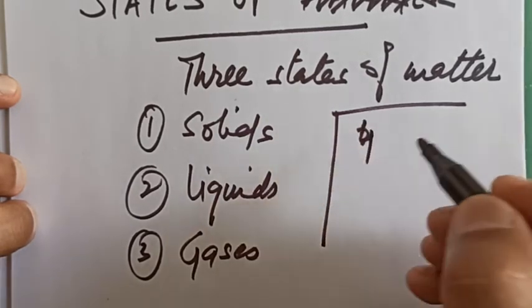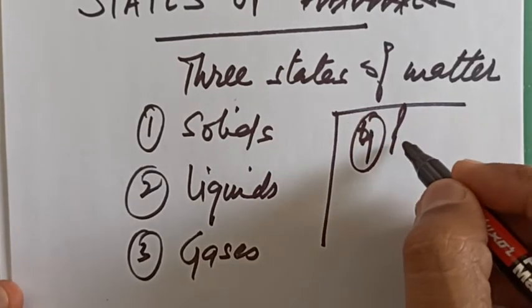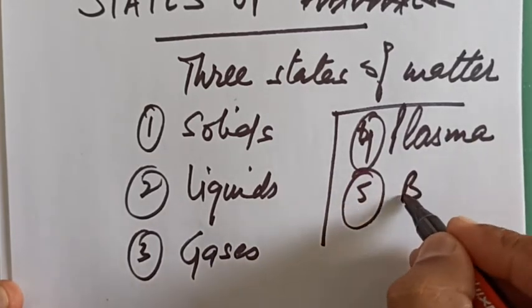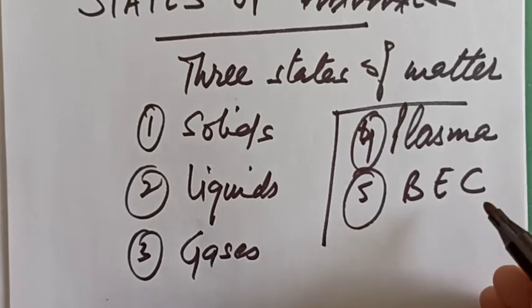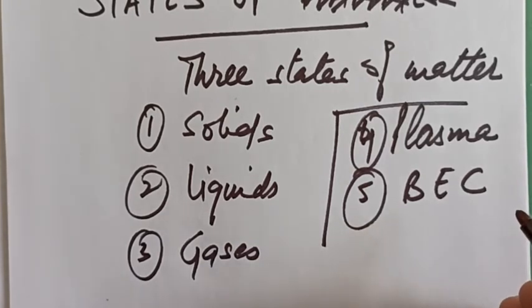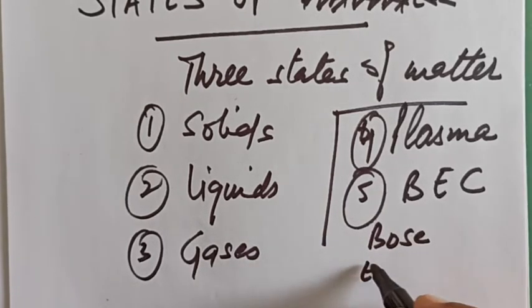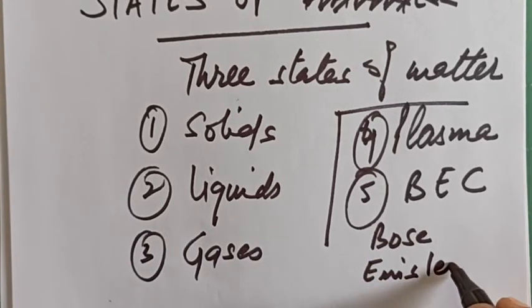The rest of the two states are: fourth is plasma, fifth is BEC, Bose-Einstein condensate. Its full form is Bose-Einstein condensate. E is for Einstein, E-I-N-S-T-E-I-N.